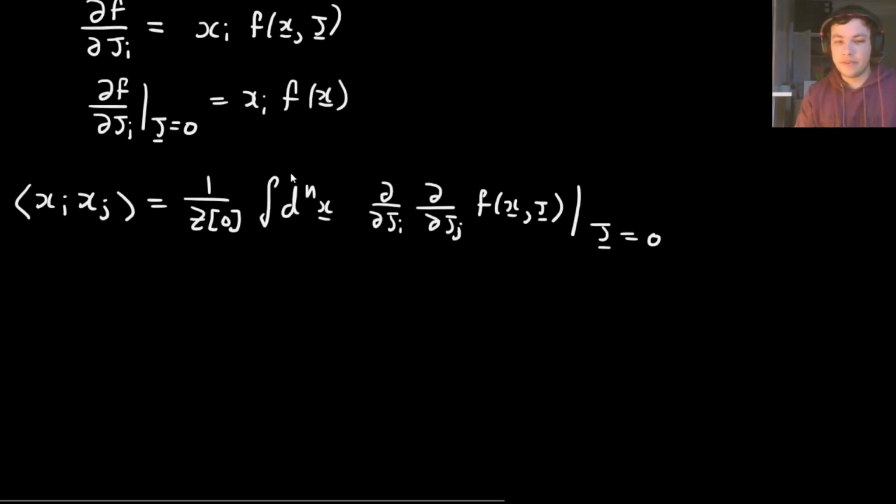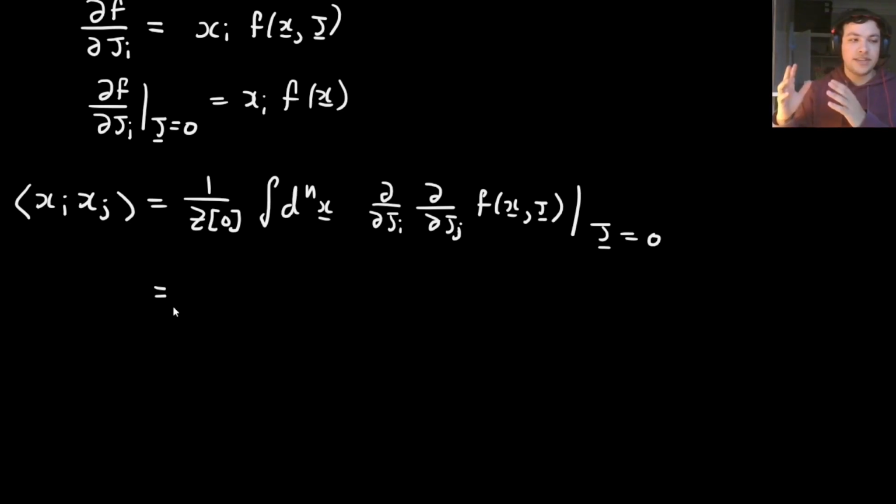Now the integral is with respect to x only, its boundaries don't vary or anything, so we're free to take the derivatives through the integral, and we can also take the J evaluation through the integral. Right, the integral only cares about x, it doesn't care what J is, so whether we say that J is 0 inside the integral or after we do the integral doesn't matter.